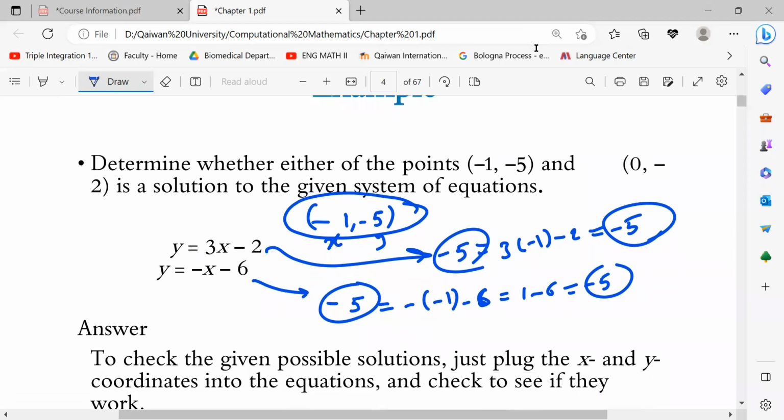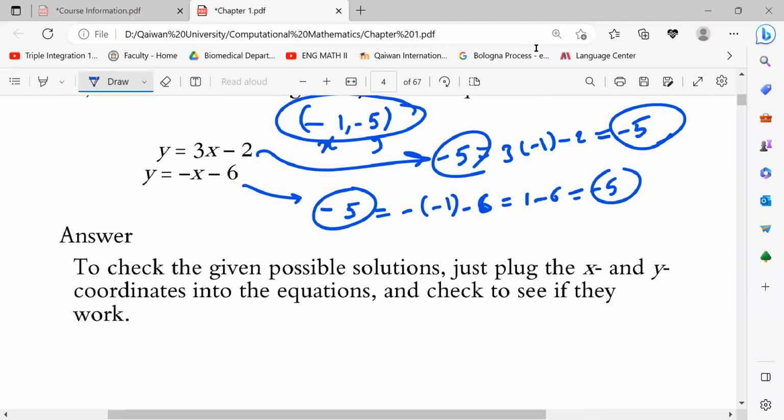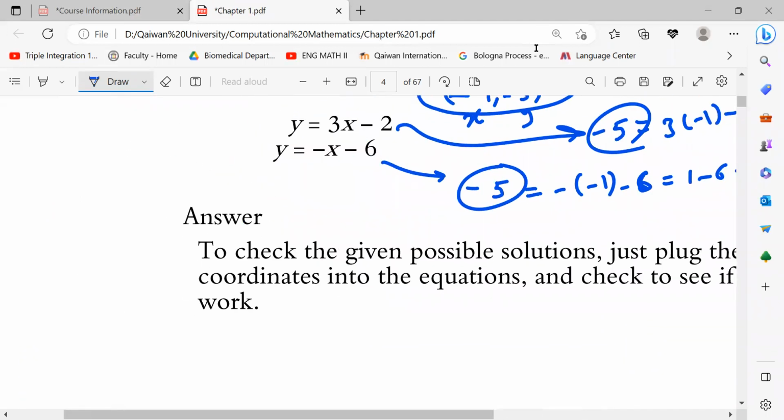And let's try the second one. It's 0 and -2. We have this point. Let's try that point for these equations. The first equation is y is 3x minus 2. And the second is y is -x minus 6.